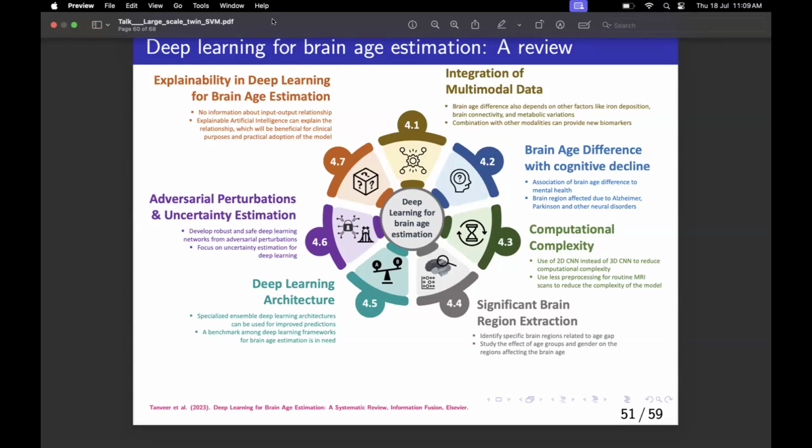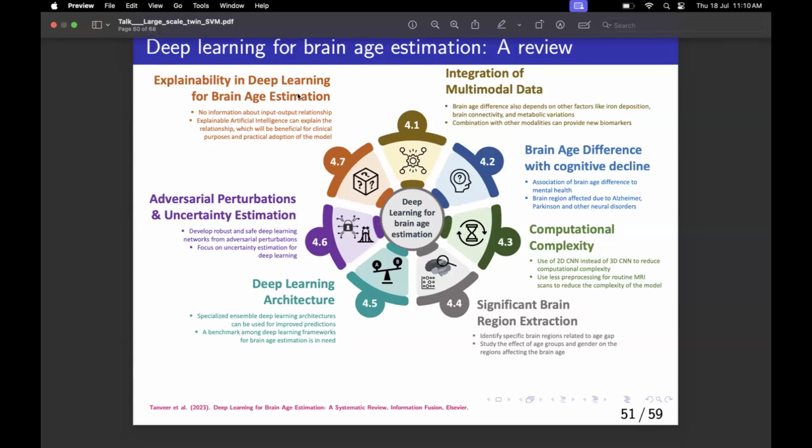So explainable AI can explain the relationship, which will be very helpful for doctors to take decisions. We have used several architectures like feed-forward neural network, CNN, VGGNet, ResNet, and several other deep learning architectures.